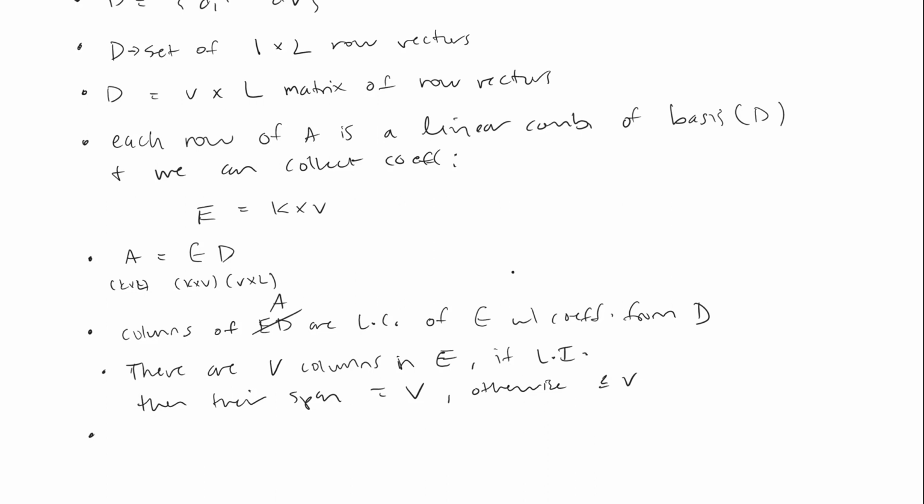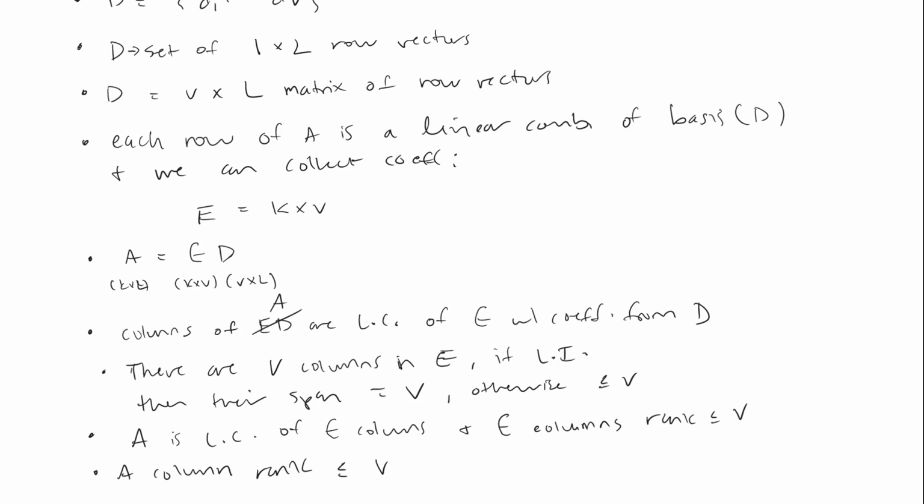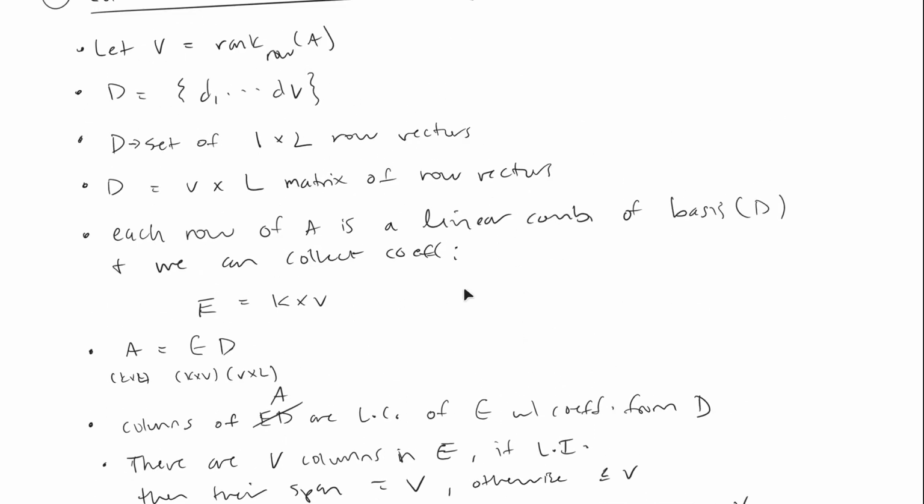And so since A is a linear combination of E columns, and the E columns' rank is less than or equal to V, this means that A's column rank is less than or equal to V, while we just stated up here that V was its row rank.